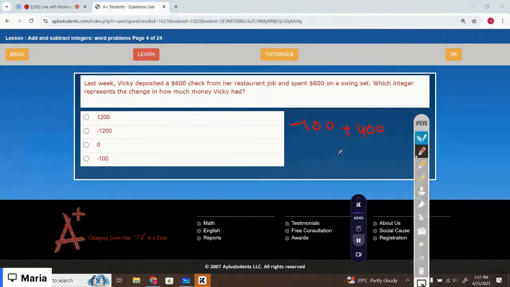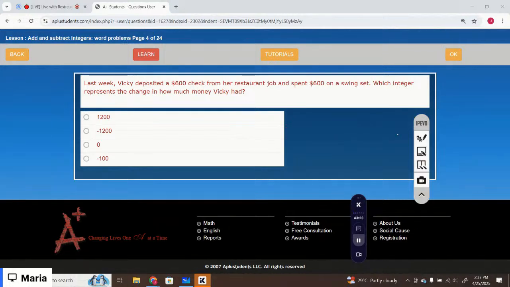Deposited 600, so 600 would be positive, and spent $600. So 600 minus 600 is $0. That means Vicky had $0 left. Option number three is the correct option. The correct option is zero.